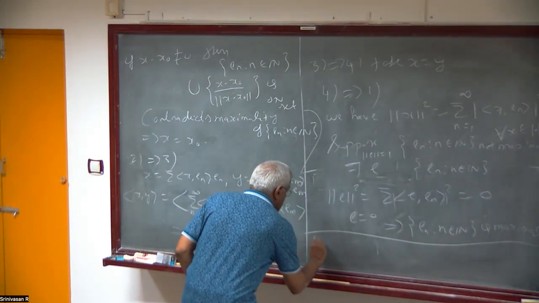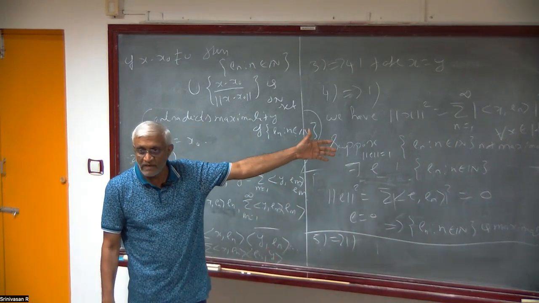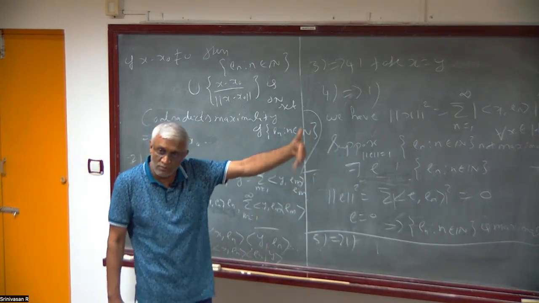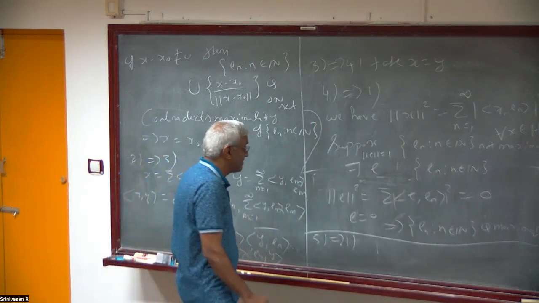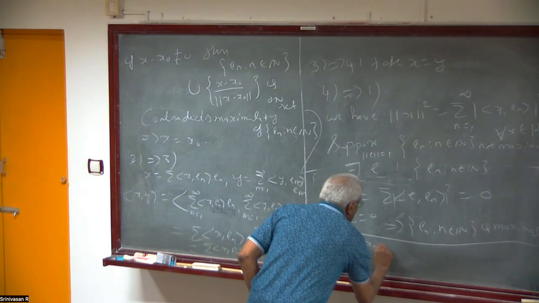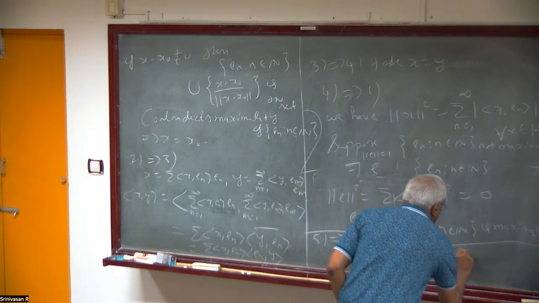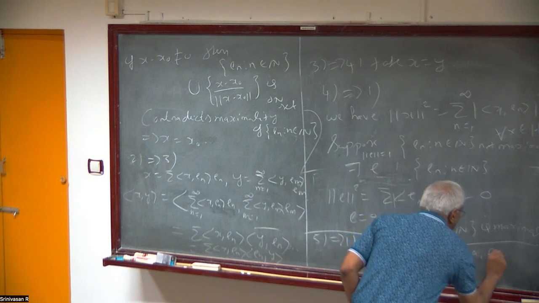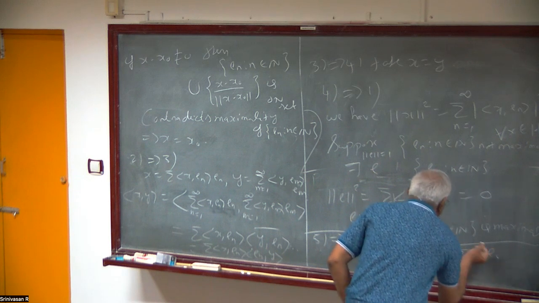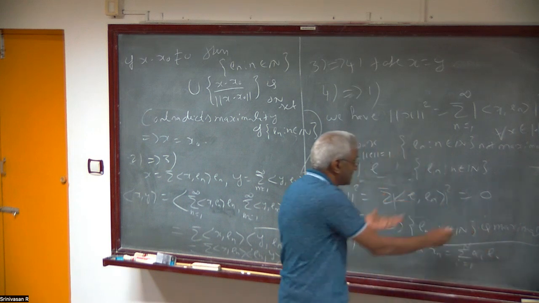I will leave it as an exercise. 1 implies 5 is clear, because 1 is equivalent to 2, so 2 will imply 5. Okay, 5 implies 1. So if xn converges to x and xn is equal to the summation of alpha i, i equal to 1 to some number n. I mean, it depends on n, okay?